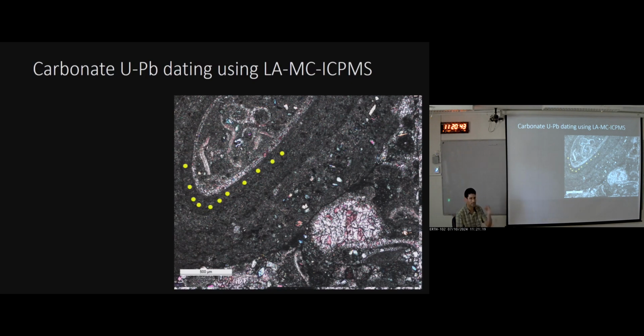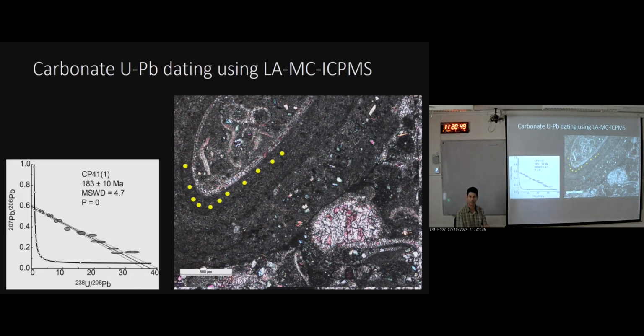We analyze uranium and lead isotopes from spots in them, and if we're lucky, we get a figure that looks like this. We get an initial lead and an age, and this is, you can imagine, the best isochron that dolomite probably ever produced. Most of them look much worse, but they are still meaningful.